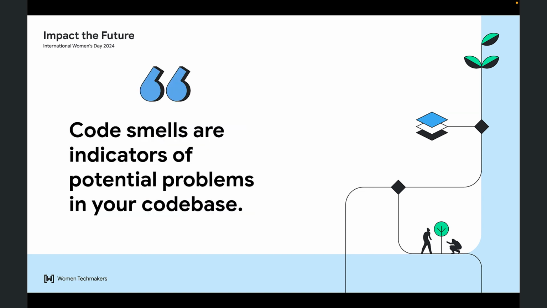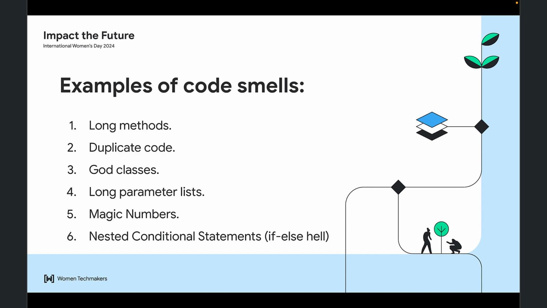Yeah, so we talked about code smells. Code smells are indicators of potential problems in your code base. There are various examples of code smells. You could have long methods. So let's say you have one method for getting your user's name, and you're using that same method to get your user's height, basically all your user's details, right?